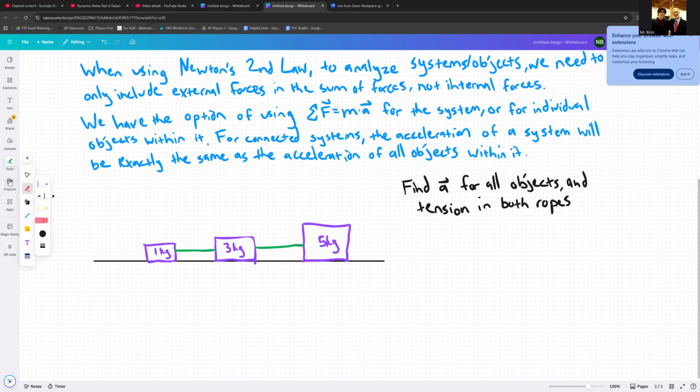And we're going to start with one piece of information besides the masses, which is how much force. We're going to go ahead and pull the 5 kilogram this way with 20 newtons of force.